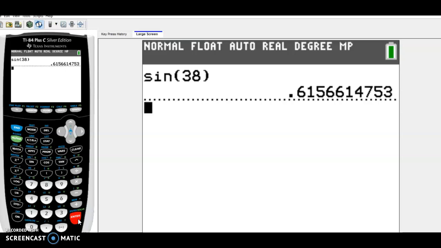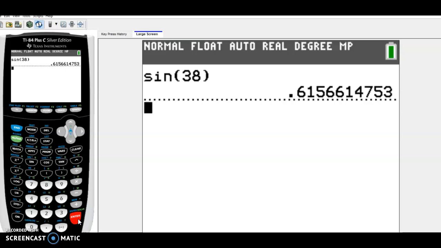And if you remember, that was the reciprocal of the sine. So sine and cosecant, cosine and secant, and then the tangent and cotangent are reciprocal. So not the same thing as the cofunctions that we were working with.